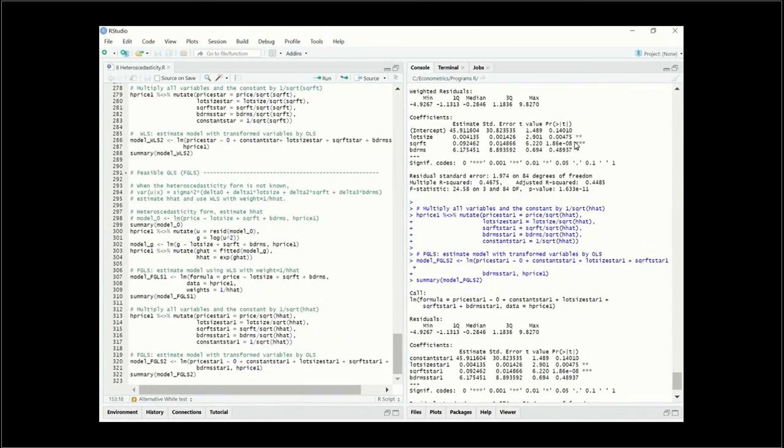Again, what we've done in this program is test for heteroscedasticity by visually inspecting it, then using the 3 tests, Breusch-Pagan, White and alternative White tests. And if we find heteroscedasticity, we need to correct for it with robust standard errors, or we need to estimate WLS or feasible generalized least squares. So this concludes the presentation on heteroscedasticity.